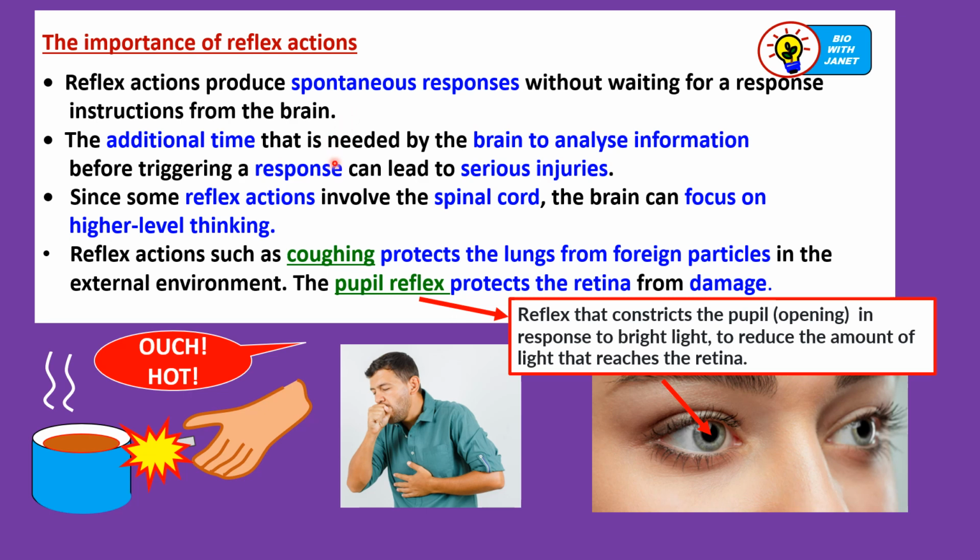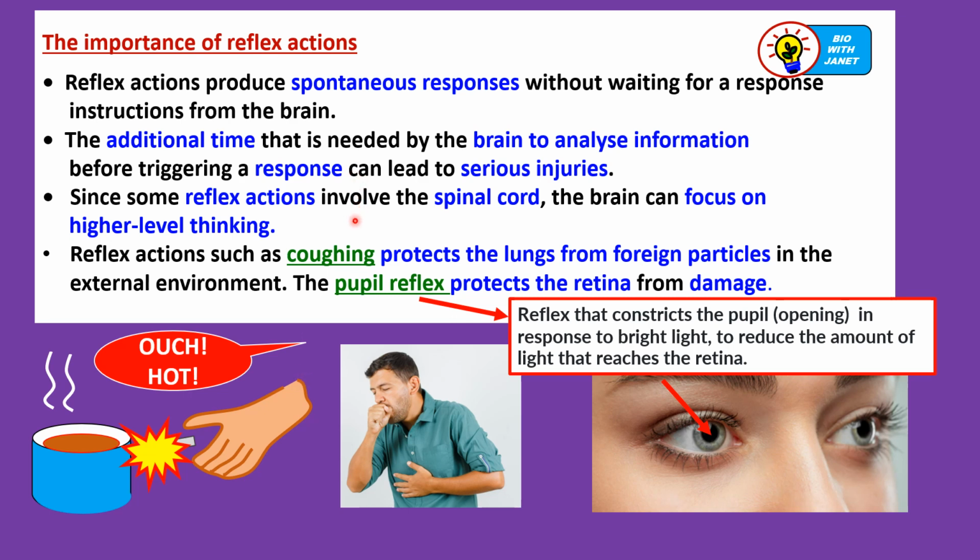The additional time needed by the brain to analyze the information before triggering a response could cause the person to suffer serious injuries. So if the person touches a hot object and it takes too long for him or her to move away from the hot object, then he may get burnt.